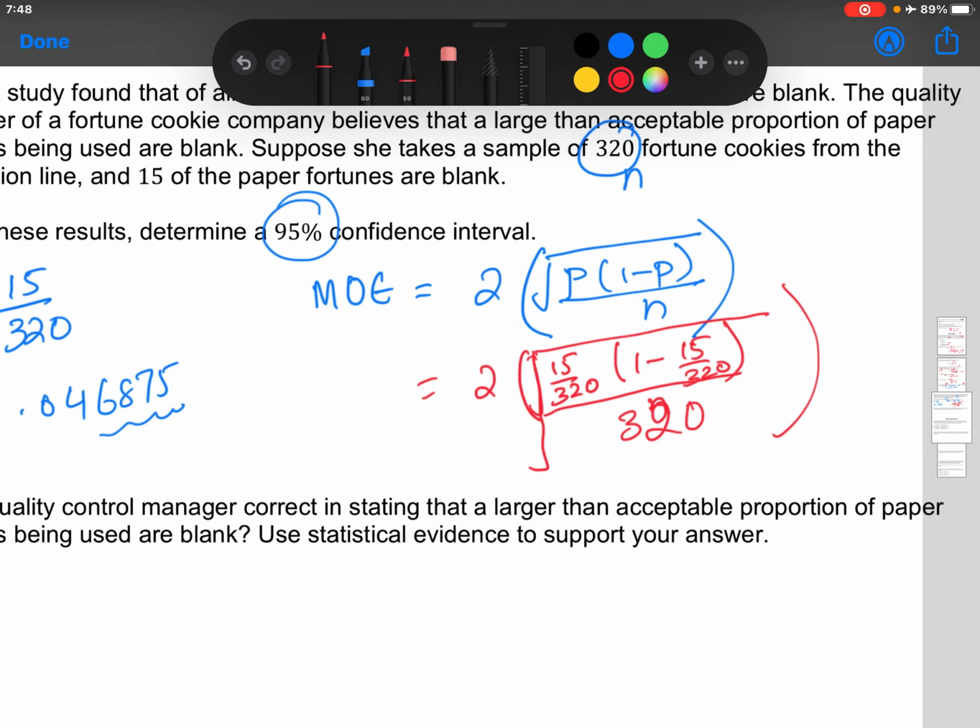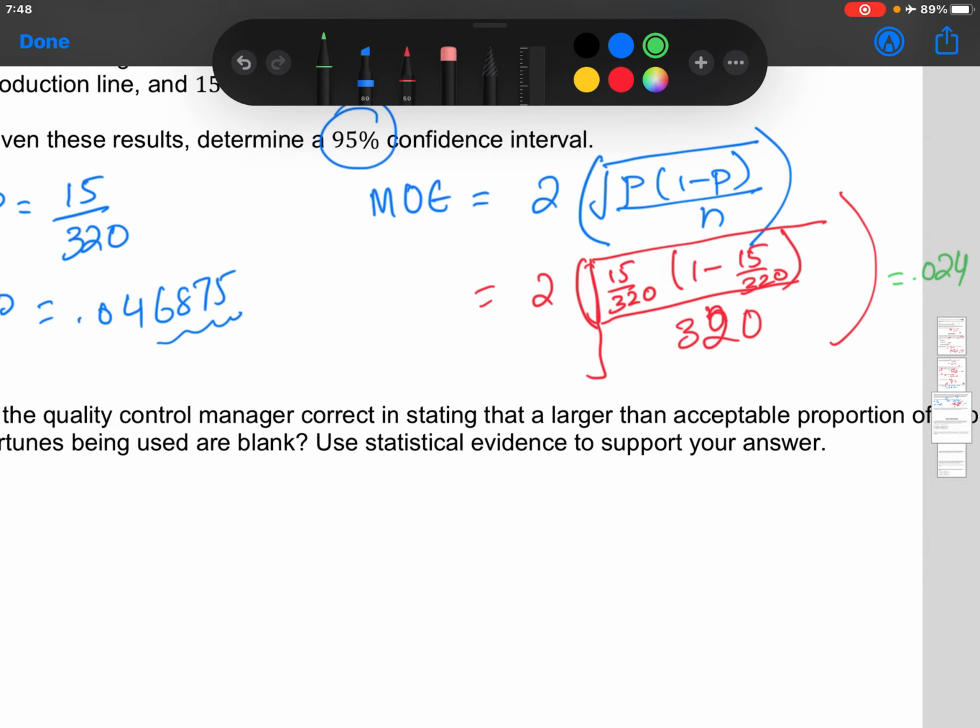Put that in the calculator and you get an answer of 0.024. Now I want to find my interval. You take your proportion, 15 over 320, or you can use the decimal 0.046875, plus and minus 0.024.